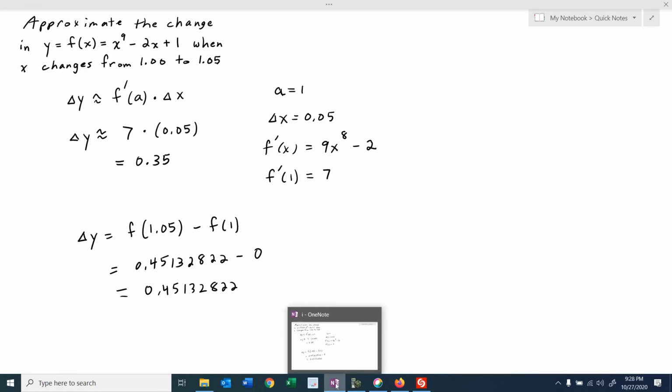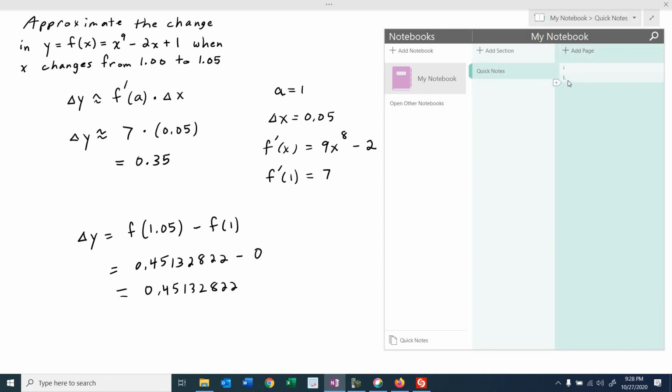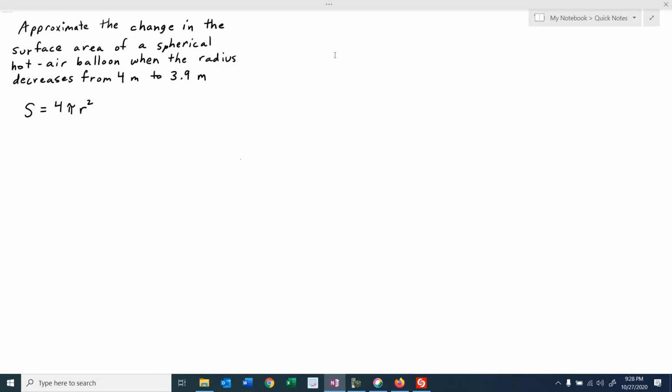Okay, so then let me show you one other example where this approximation method comes in handy. What we're going to do is approximate the change in the surface area of a spherical hot air balloon when the radius decreases from 4 meters to 3.9 meters. So imagine you have this hot air balloon. Initially it starts with a radius of 4 meters, and it has a certain surface area to it when the radius is 4 meters.